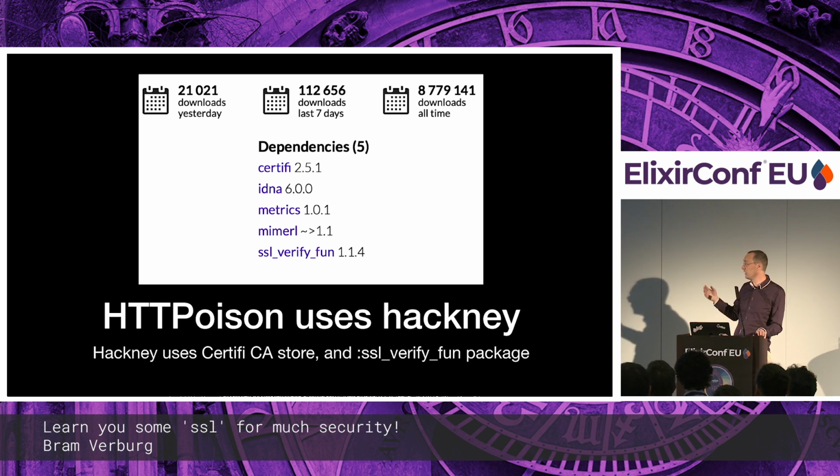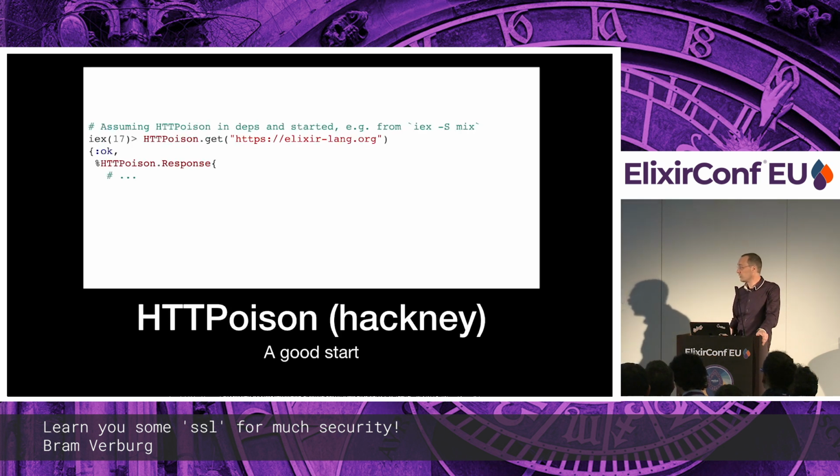The most interesting ones here are Certify, that's a CA Trust Store that we saw earlier, and SSL Verify Fun, which is an alternative implementation of the server certificate verification that actually handles wildcard certificates and a few other issues, even on older OTP versions that didn't support it properly in the first place. So that's a good start.